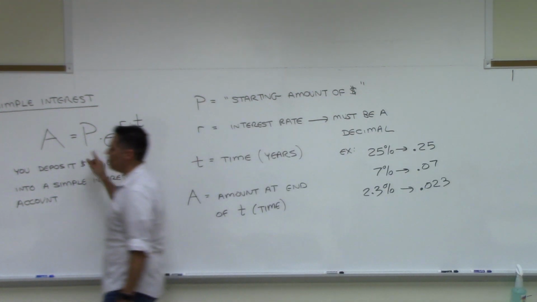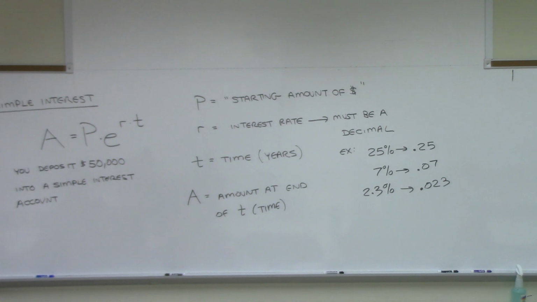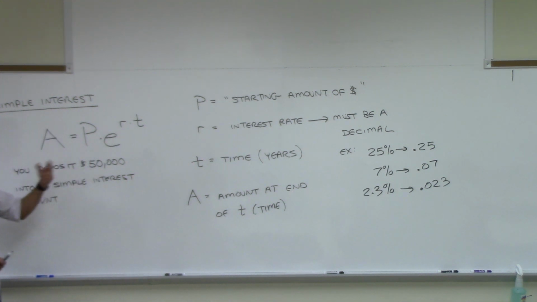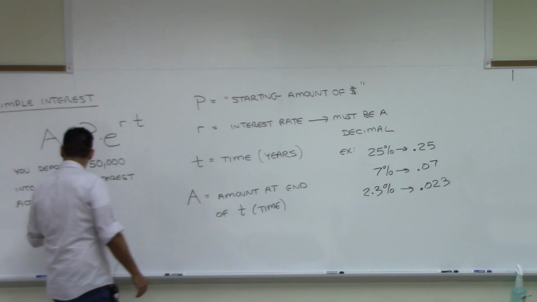So this is the simple interest formula, and there are other formulas, but this is the easiest, most basic one. This is what most banks use because it's the most cleaned up version. Some formulas can be more complicated. All right, so we deposit $50,000 into a simple interest account at.